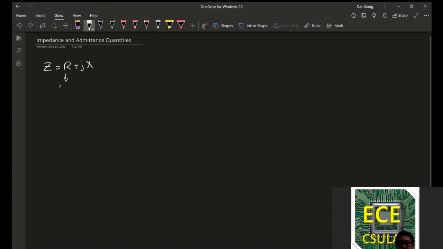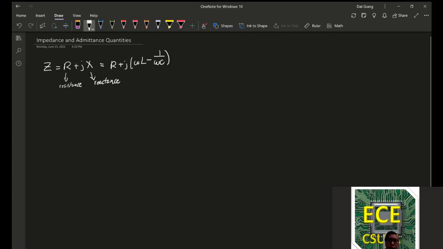So this is resistance, and this is reactance. And you can encode this a little more by talking about what kind of element might be present. Maybe an inductor, maybe a capacitor. Both of these in series, of course.